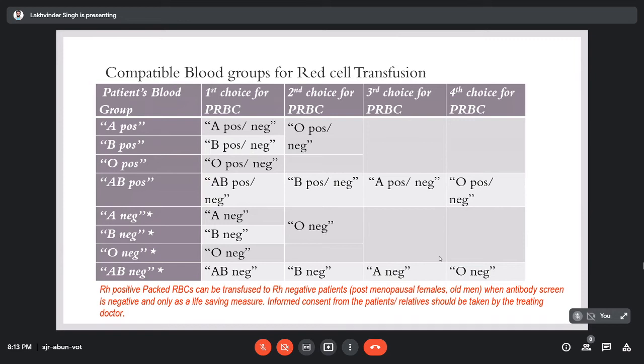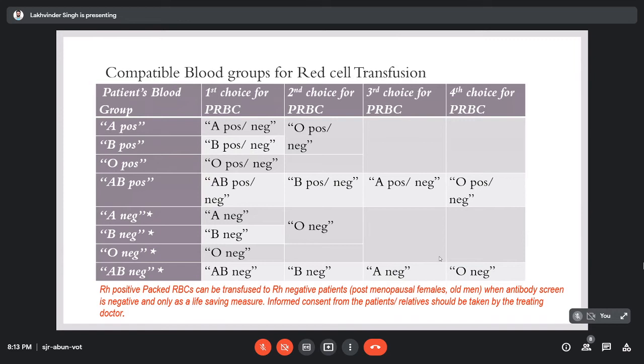But when we talk about plasma, it's the reverse. AB positive plasma will not contain any antibody, neither anti-A nor anti-B. Because I hope we all remember Landsteiner's rule, which says if an antigen is present in an individual, the corresponding antibody would be absent.